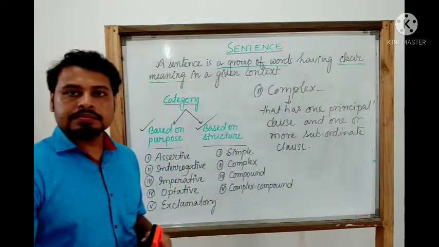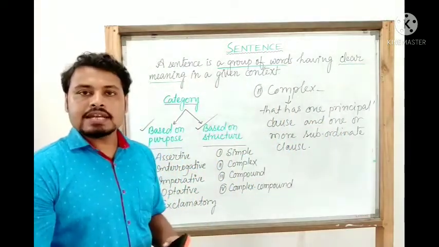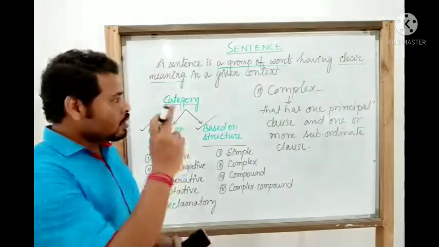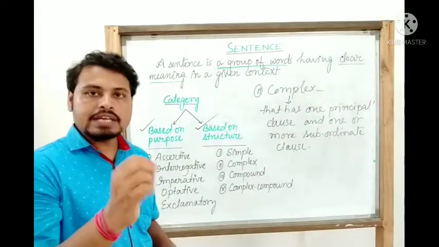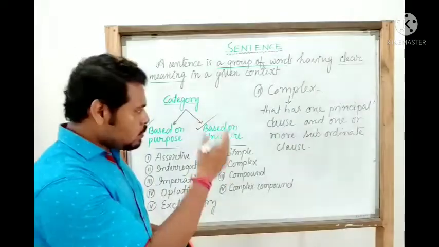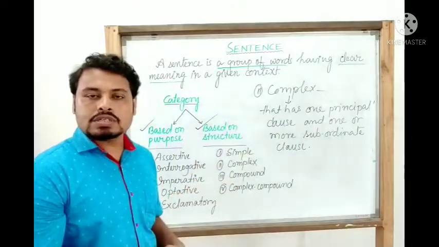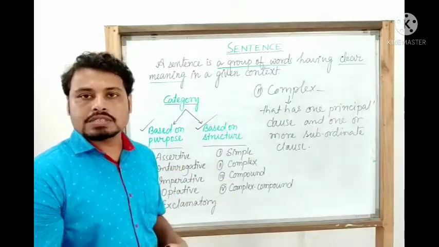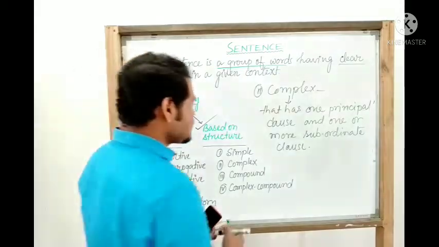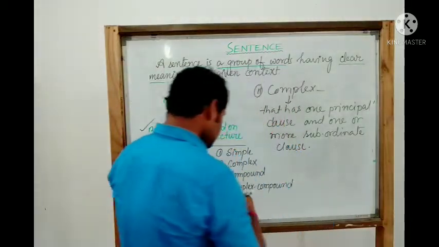That means a complex sentence is a sentence that has one principal clause or independent clause and one or more subordinate clauses or dependent clauses.